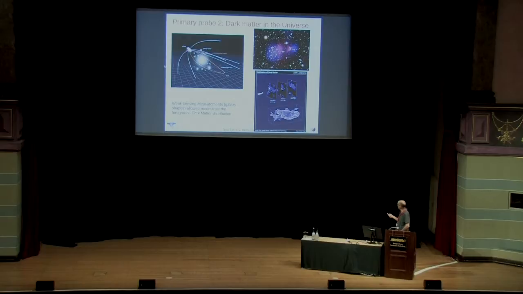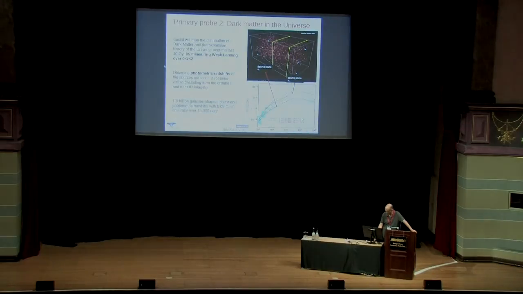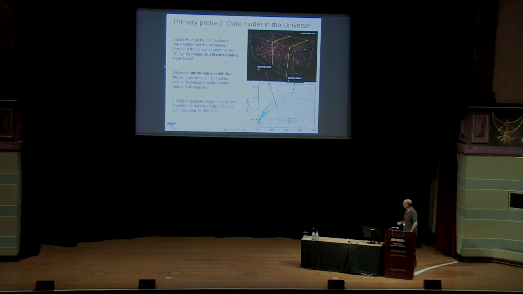And this has also been done with HST on large-scale structures, and here is a dark matter reconstruction using tomographic techniques on the weak lensing data from redshift of 0.3 or so to redshift 0.7 or 0.8. So what Euclid will do is to measure this weak lensing over the redshift range 0 to 2. For this, Euclid will require photometric redshifts of the sources out to redshift 2.